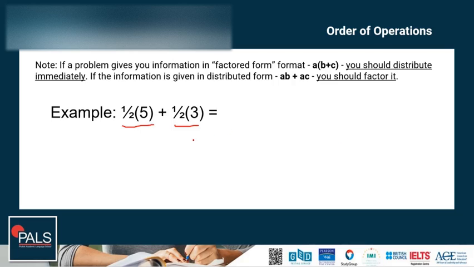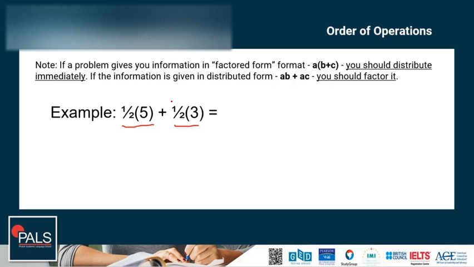So instead of working with decimals or with fractions, you can actually change the form of this problem so that you can easily find the answer. So this one is in a distributive form, so we can change the format into factored format.